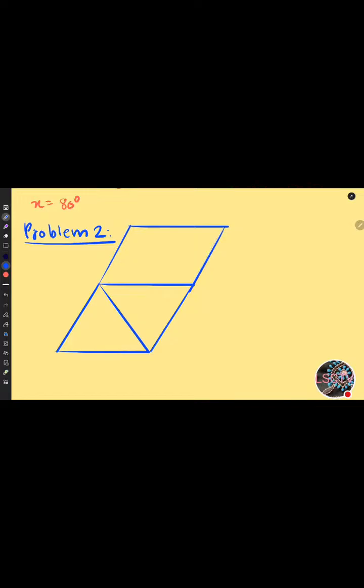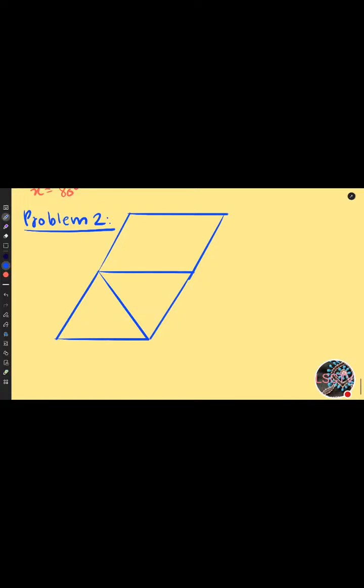This measure is 60 degrees. Okay. See guys, I'm telling you, you have to use a little bit of parallelogram property here. Find the measure of this one. Parallelogram properties, okay? You guys know this, please.